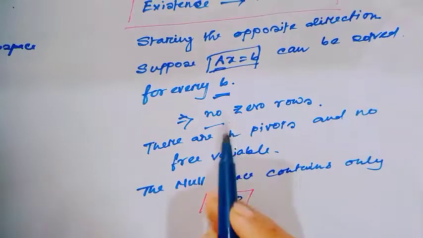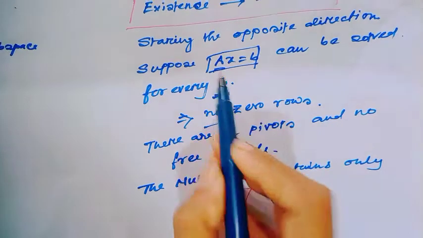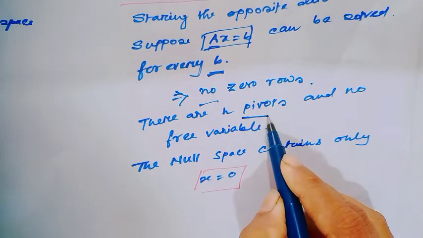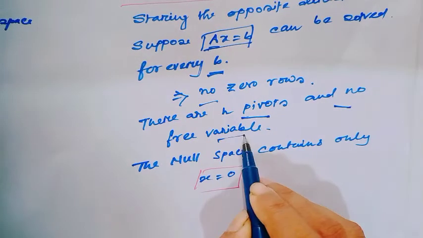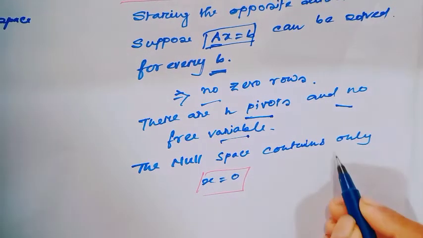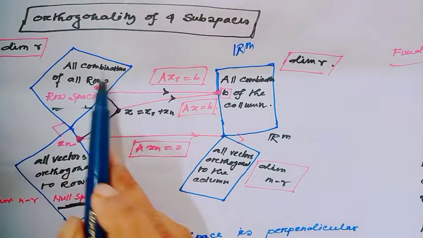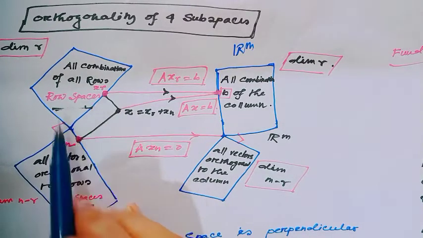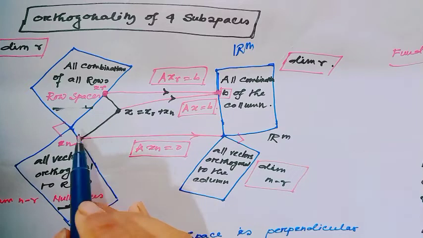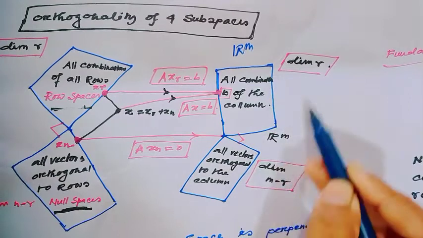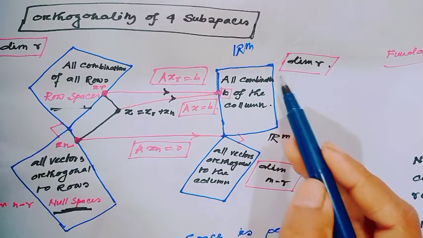That means there exist no zero rows in the matrix A. That means there are n pivots and no free variable. That means the null space contains only the zero vector, and the whole Rm is the column space.